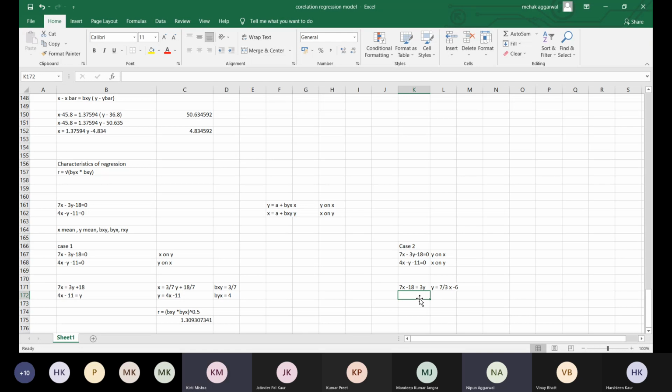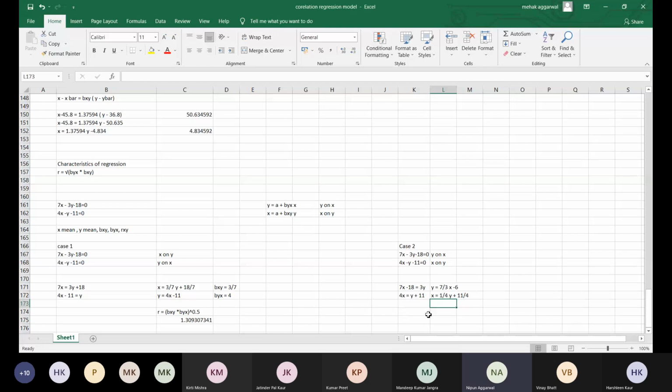And the second line is x on y, so we have to keep x on one side and the rest on the other. So 4x is equal to y plus 11, and the line becomes x is equal to 1 by 4y plus 11 by 4.